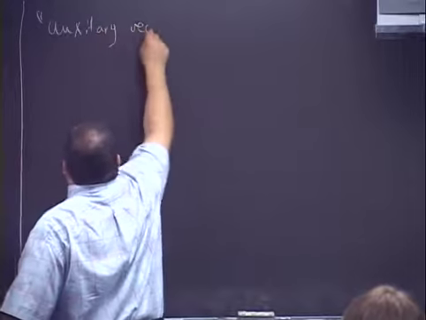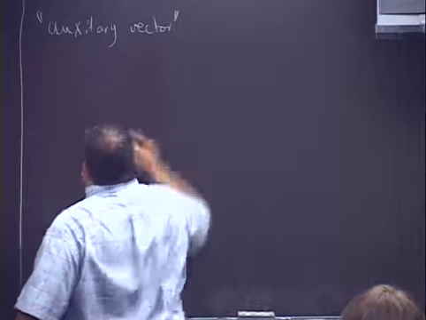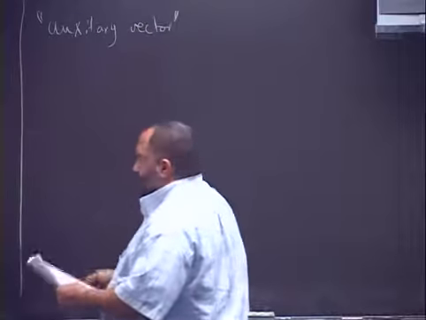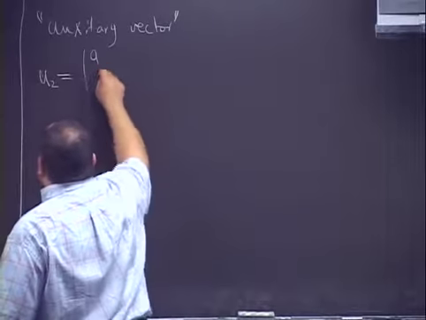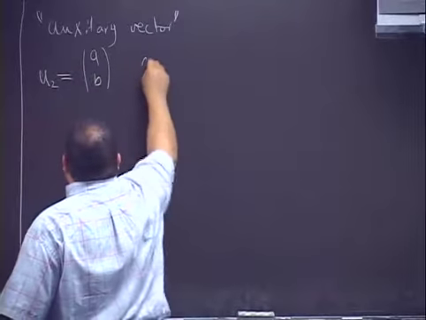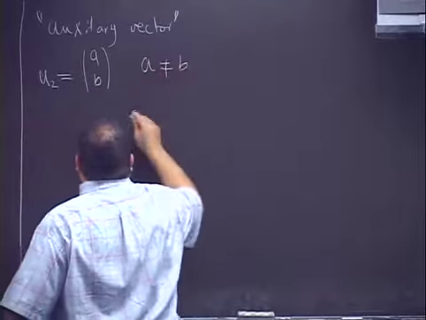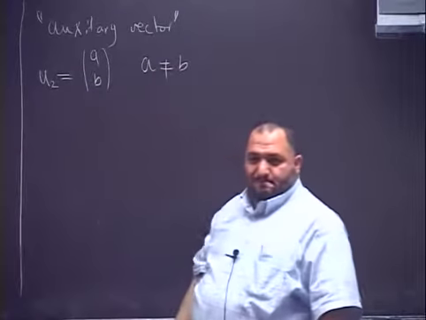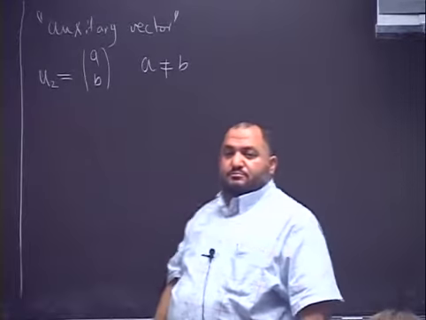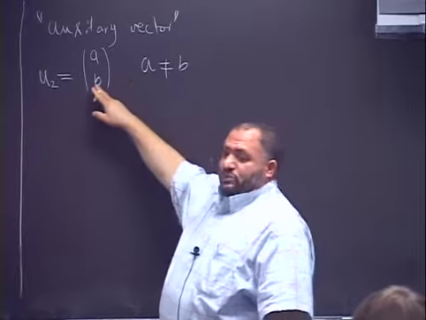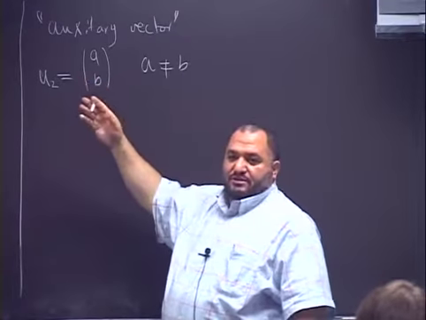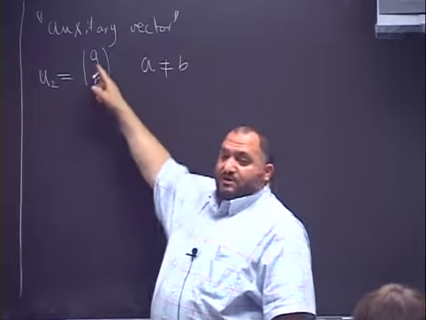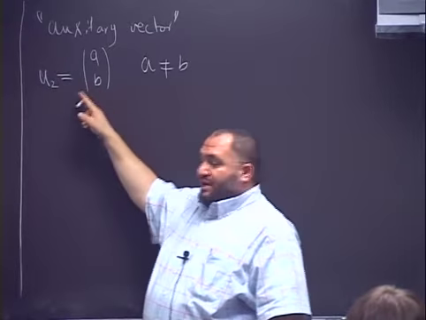Auxiliary vector to form a set of bases. So let's choose u2 equal to (A, B), where A does not equal B. Why? Because if A equals B, you will be able to take A outside. So it will be A multiplied by (1, 1).